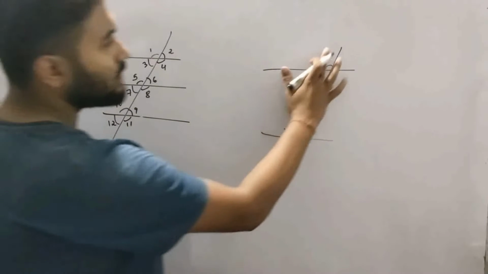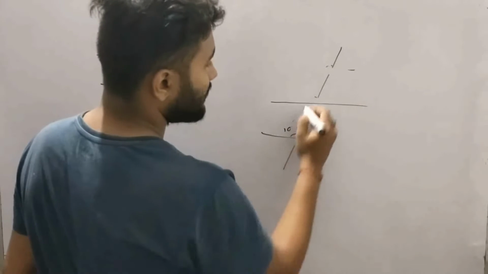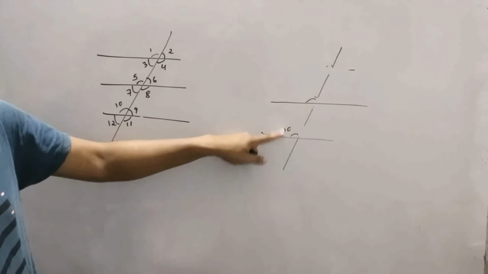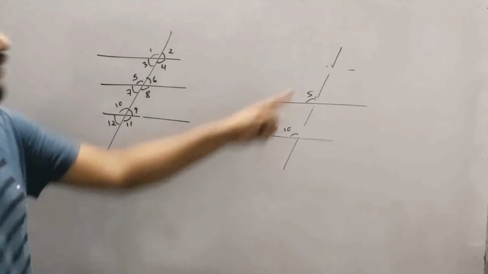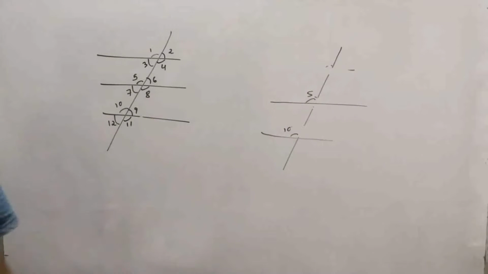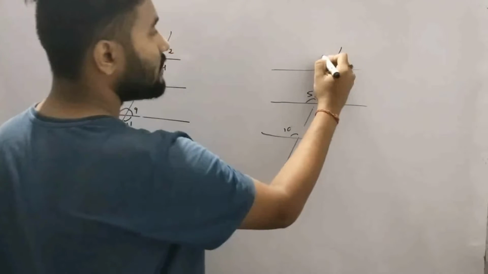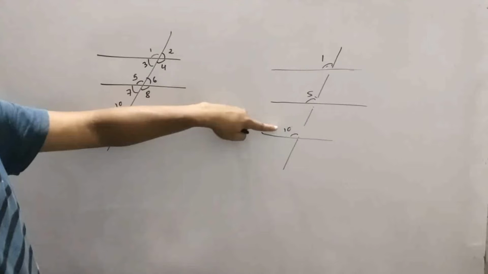What if this 1 is not there? This line is there. Then what will be the corresponding angle with 10? This one, jump one angle, and then this angle. What? 5. So 5 is corresponding to 10, isn't it? And again you see, 1 is corresponding to 5. 5 is corresponding to 10.